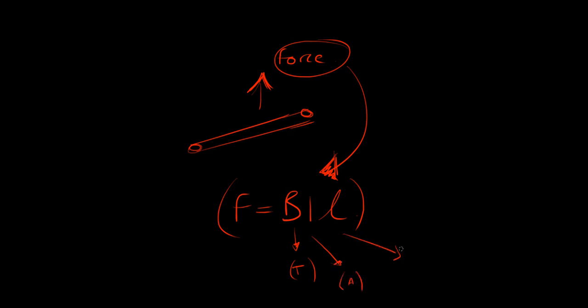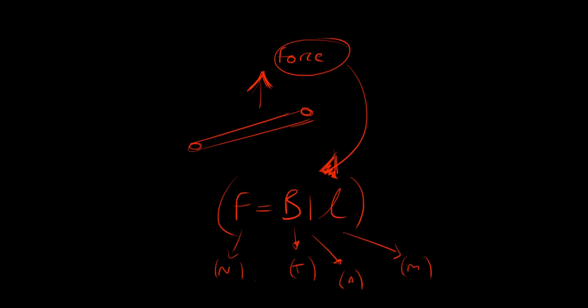And L is the length of the wire in meters. And this, of course, is in newtons. That is the defining equation of how a wire interacts with a magnetic field and the force that's induced upon it.